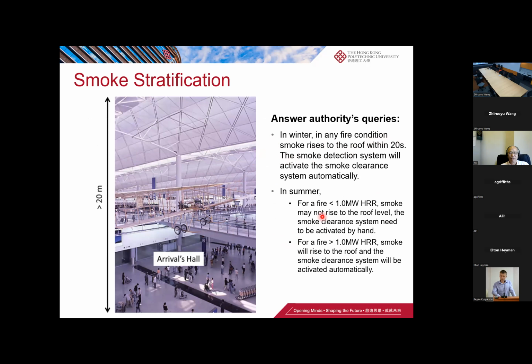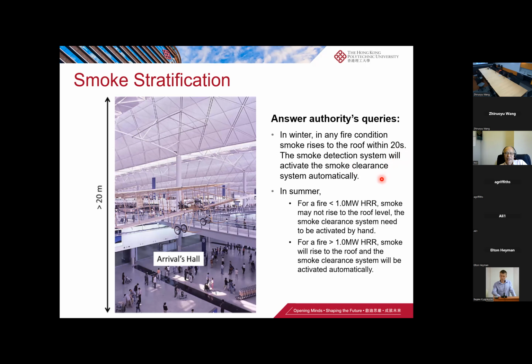So in winter, for a uniform temperature environment, the smoke can rise up to the roof within 20 seconds very easily, even with a very small fire.